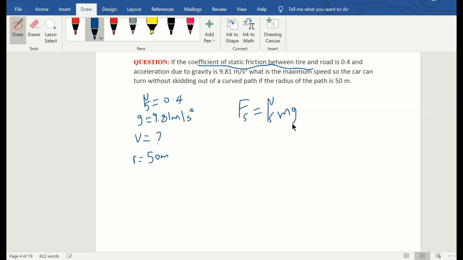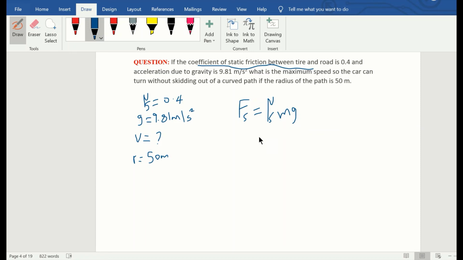Also, we have the centripetal force, because the car is moving around a curve. That means that the force that causes the car to move around the curve is the centripetal force, and that force is always directed towards the center.